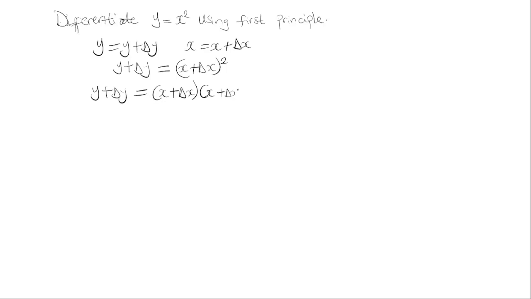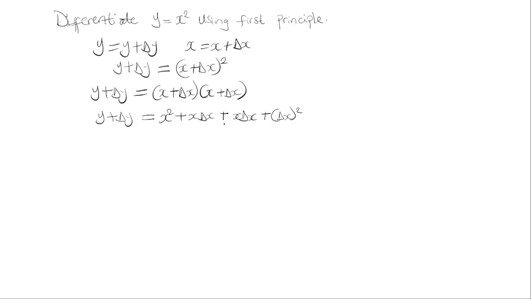So let us open the two brackets and simplify. x times x will give us x squared, plus x times delta x will give us x delta x, plus delta x times x will also give us x delta x. Then delta x times delta x will give us delta x raised to power 2.